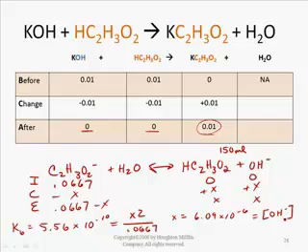So I get a pOH of 5.22, which gives me a pH then of 8.78. Okay, so at the equivalence point, you're going to do just an equilibrium with the conjugate base that will be present.